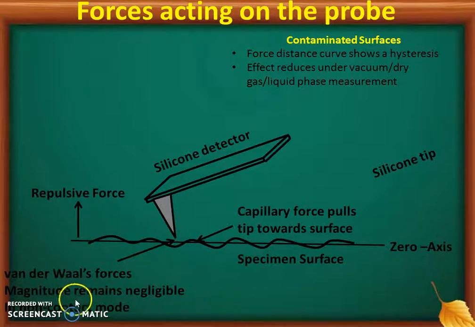So van der Waals forces will start to act, and the magnitude of these forces remains negligible in case of non-contact mode, but remains considerable in case of contact mode. The repulsive forces work above the sample surface, and the attractive forces work towards the sample surface, generally downward to the zero axis.